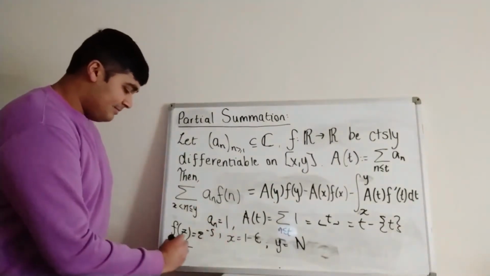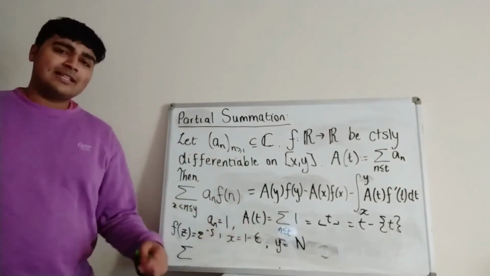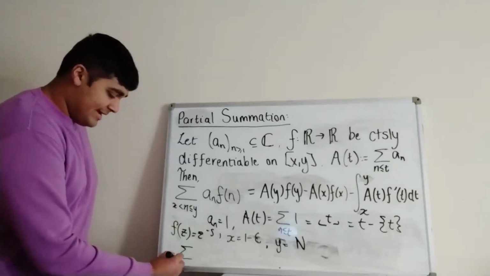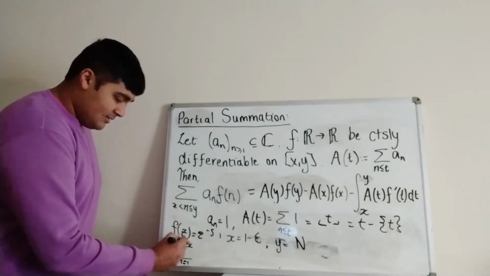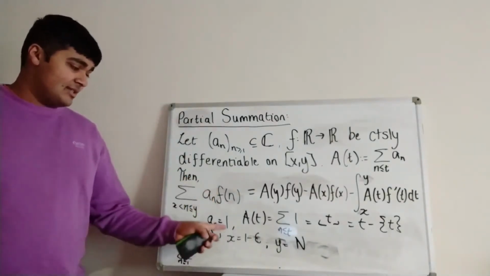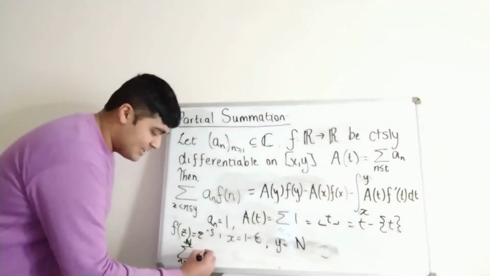So the sum from n going from x to y, well, x is 1 minus epsilon, so it's just a bit short of 1. So the sum is going to be from n equals 1 to capital N of a_n times f of n, which is just 1 times n to the minus s, which is just n to the minus s.